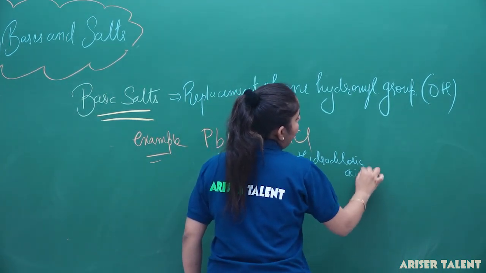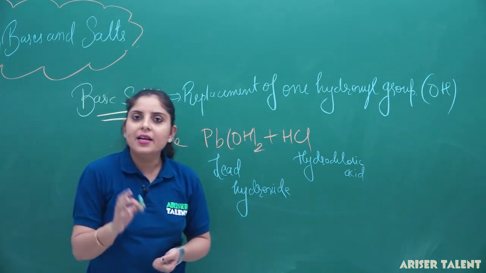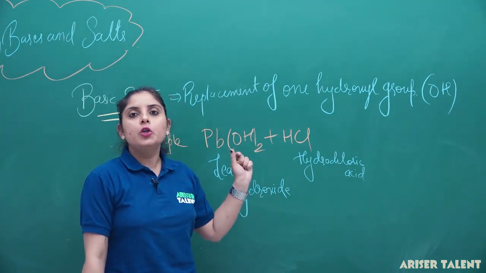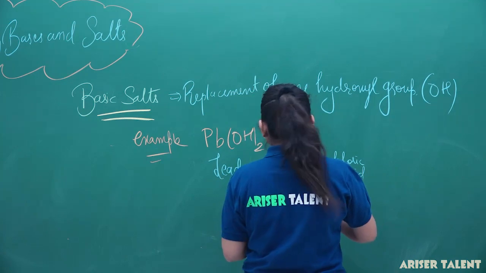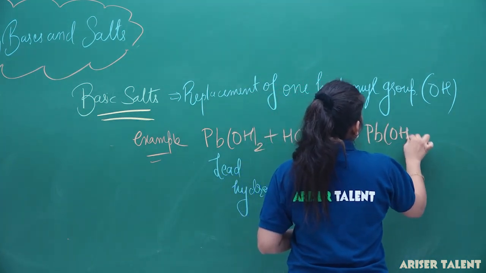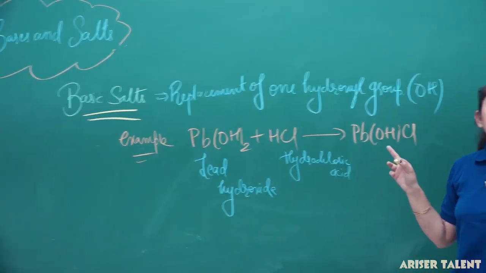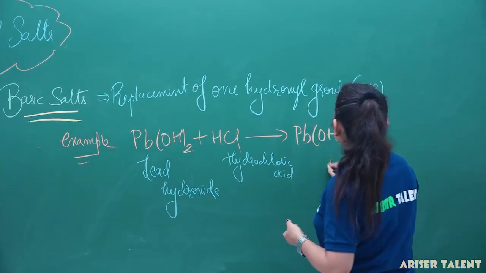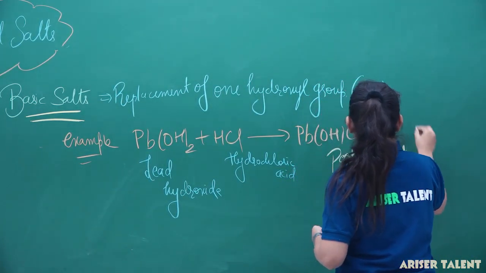Now, what is going to happen in this reaction? Whenever you react lead hydroxide with hydrochloric acid, you will get a partial salt in this category. So, what is the partial salt? You will get here Pb(OH)Cl. So, this salt you are obtaining here is not a complete salt. Actually, this is the partial salt in this equation. This is the basic salt.